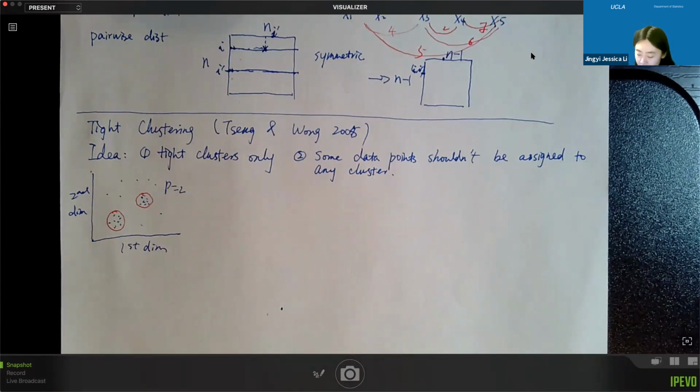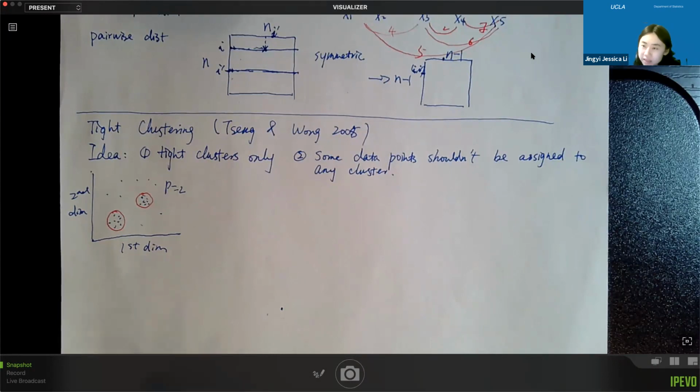So how does it do? It uses a very interesting idea or technique in statistics called subsampling. So in other words, by using subsampling, in each subsample, you are not going to have some outlier data points. And then each subsample will give you a clustering result.